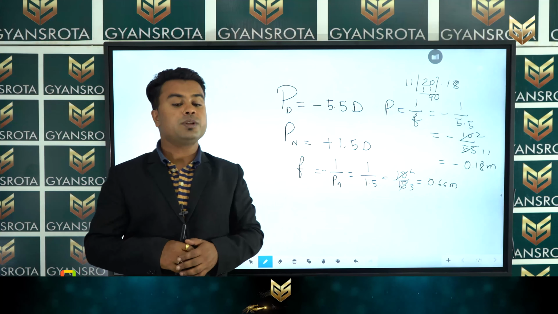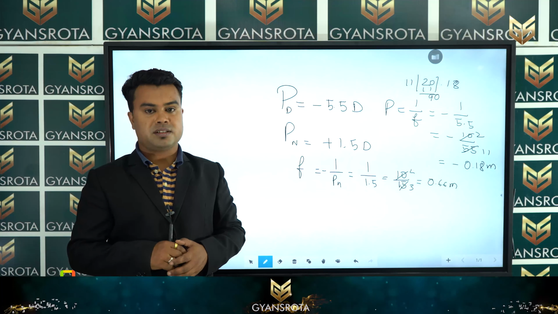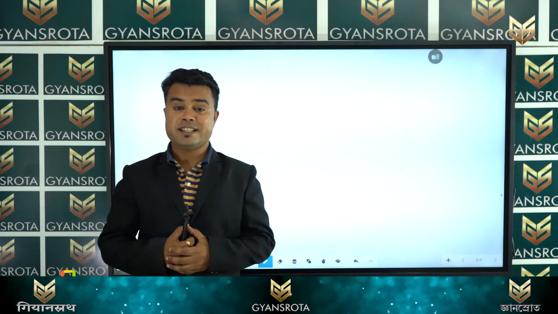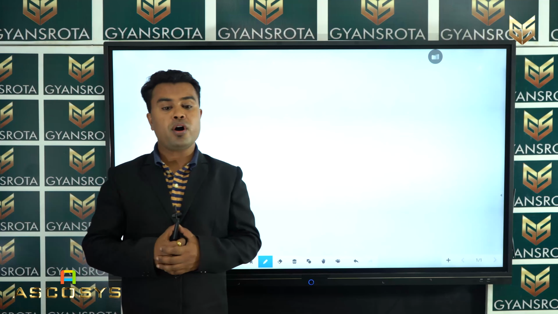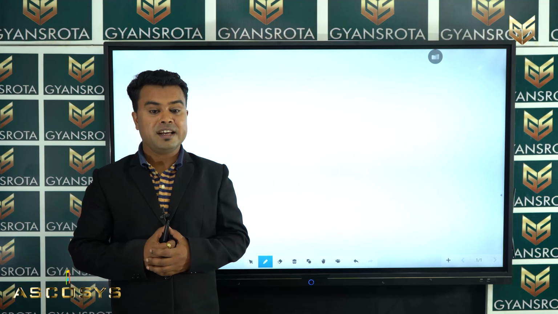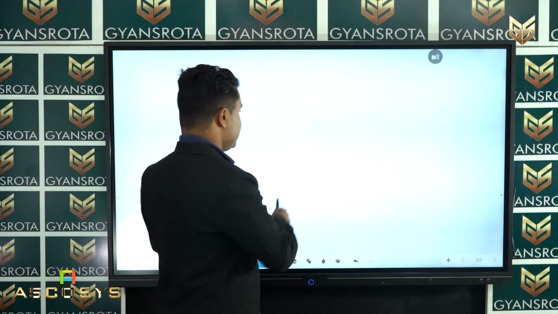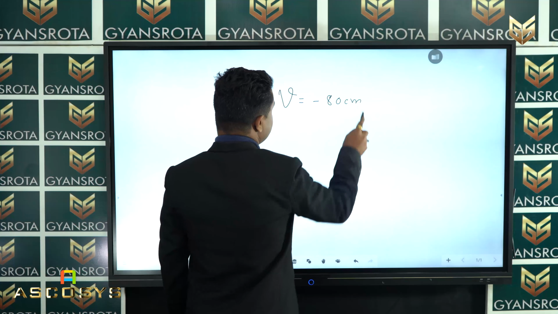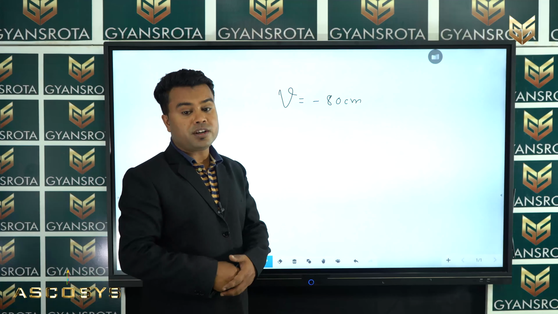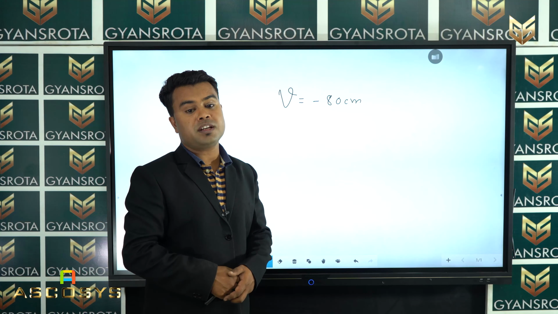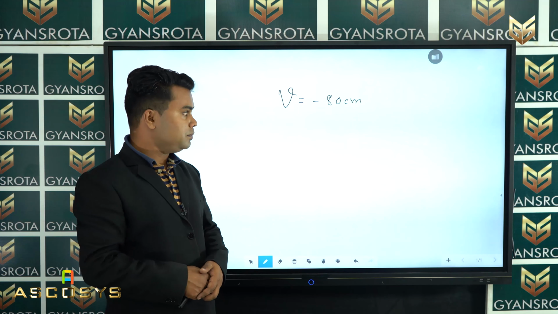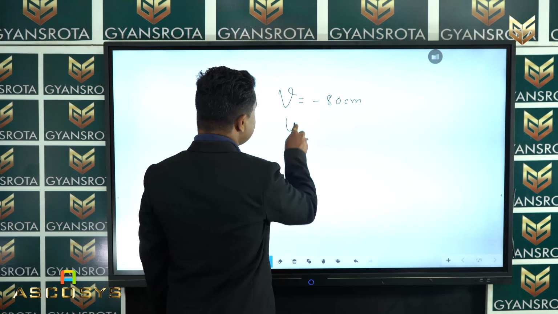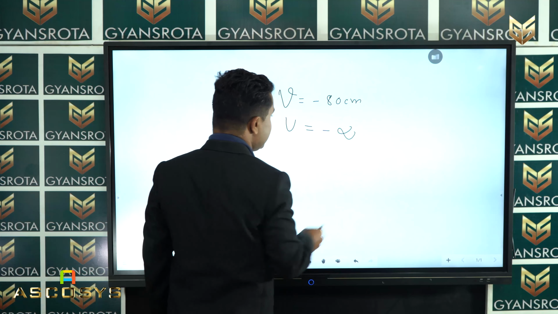Now let us move to the next question, that is question number 6 of the NCERT exercise questions. It says that the far point of a myopic person is 80 centimeter, which means the image distance is minus 80 centimeter in front of the eye. What is the nature and power of the lens required to correct the problem? We need to calculate the power. Your object distance will come from infinity.